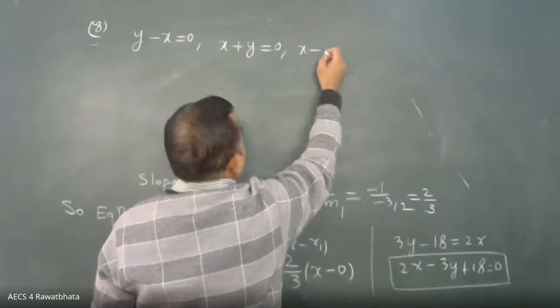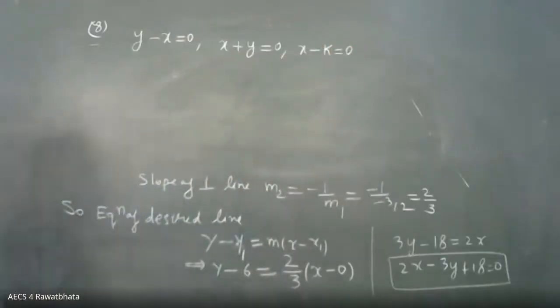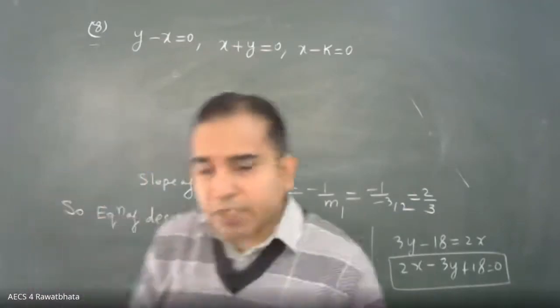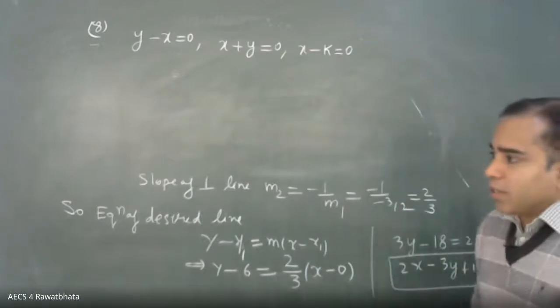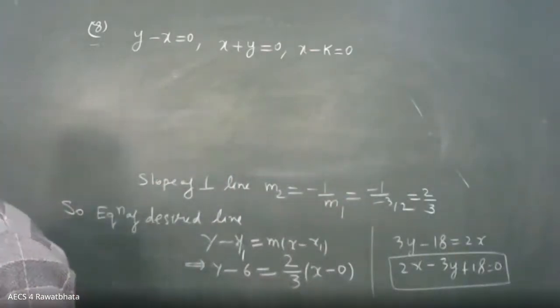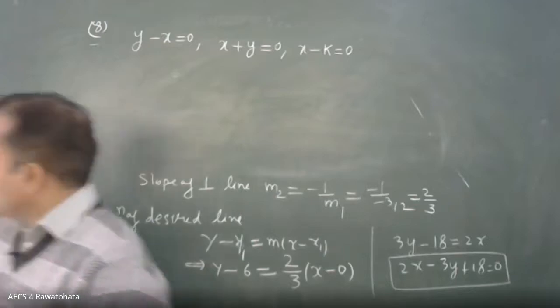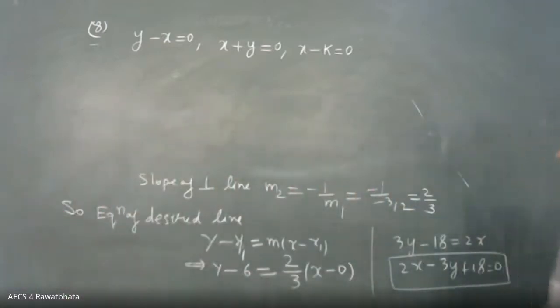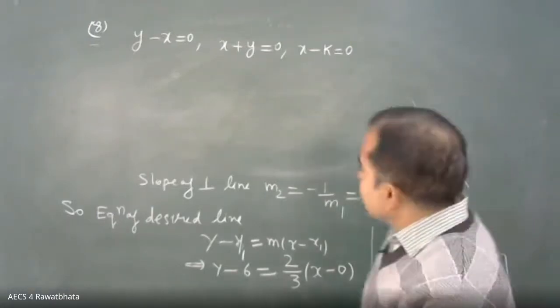So I have to find the area of a triangle whose sides are given by these equations.